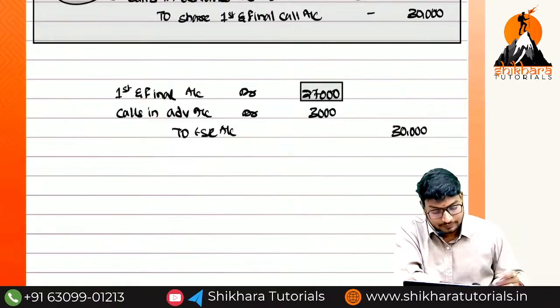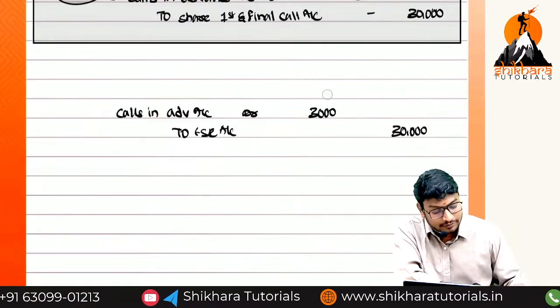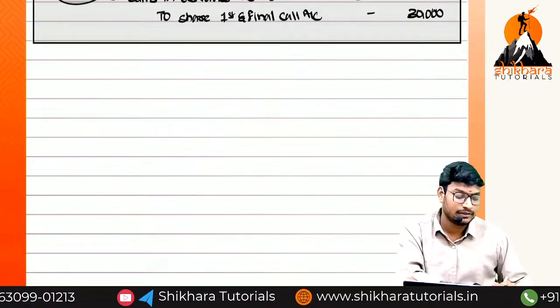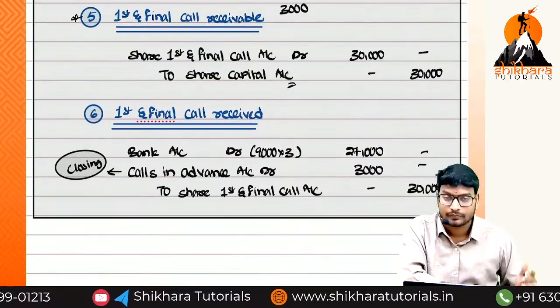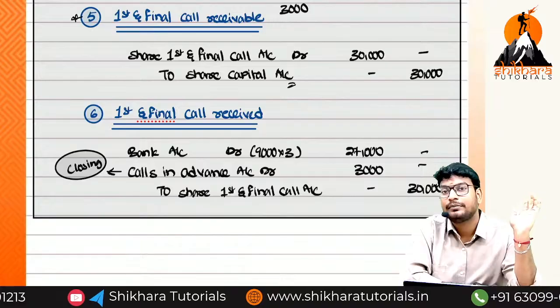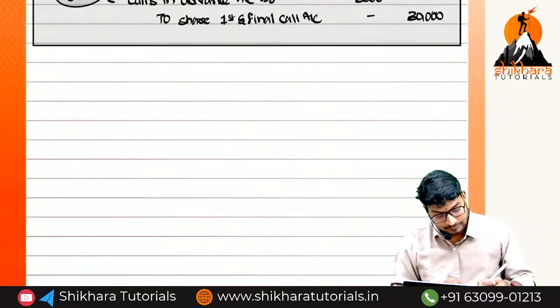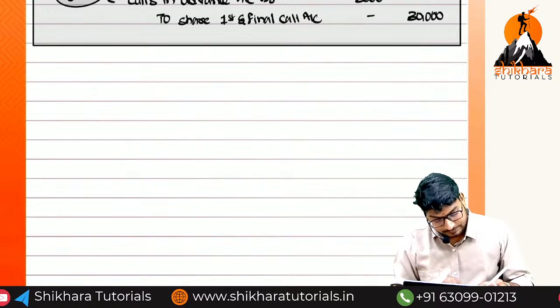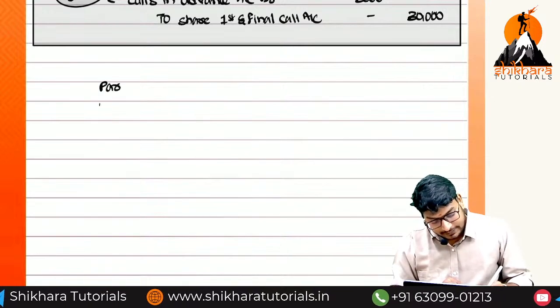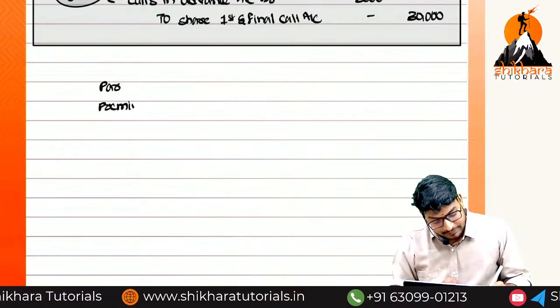But in our class we are going to follow this way only. So till now, what items have we completed? Par is completed, premium completed.